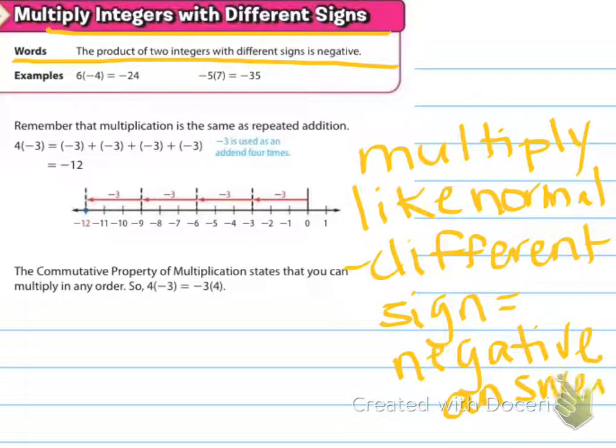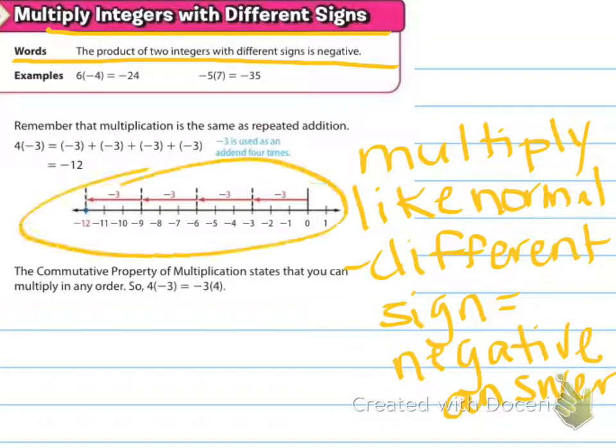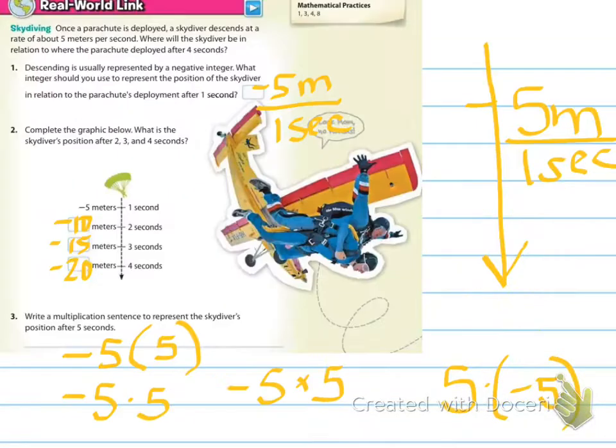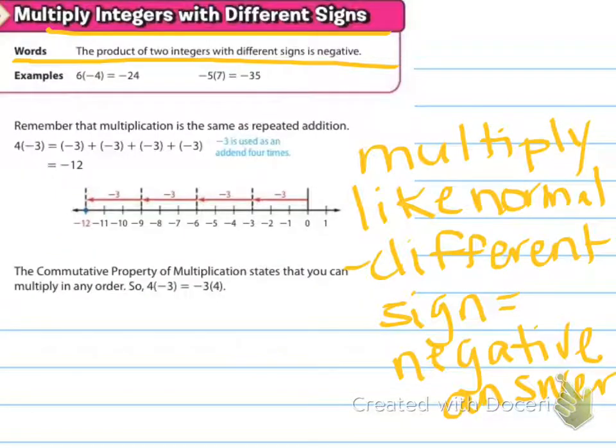All right, and then they just show that using the table or the number line here, but that's basically exactly what we just did over here. So I'm not going to have you rewrite that unless you'd just like to have it.